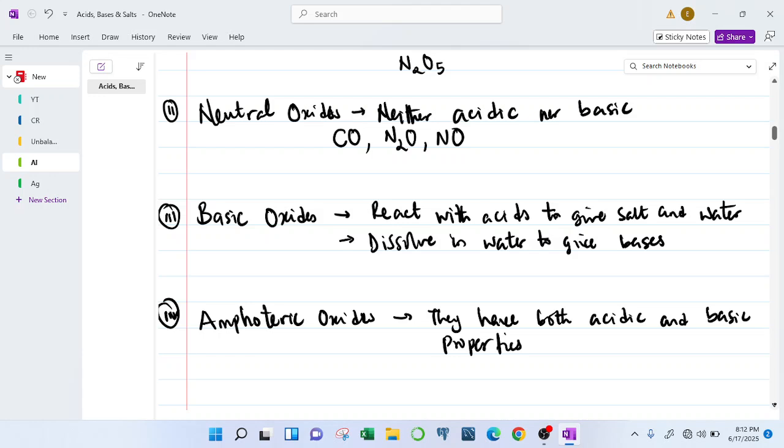But amphoteric oxides have the properties of acids and bases. When they meet acids, they react to give salt and water. When they meet bases, they also react to give salts, but mostly complex salts. So they react with both acids and bases.